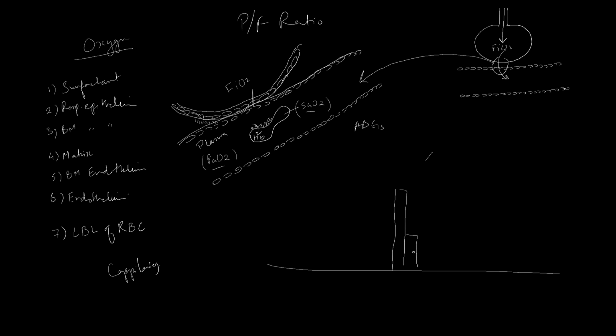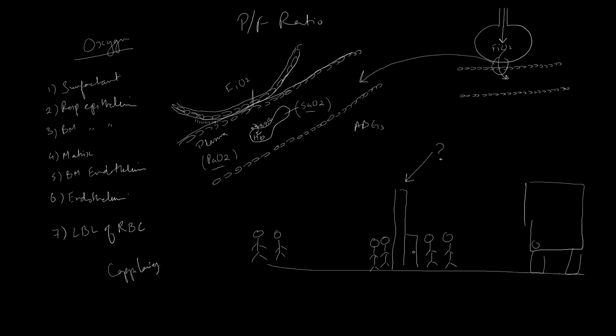If I want to know the condition of this wall, I have people standing over here, some people standing over there, on both sides, and I have a few people sitting in a bus traveling near the wall.